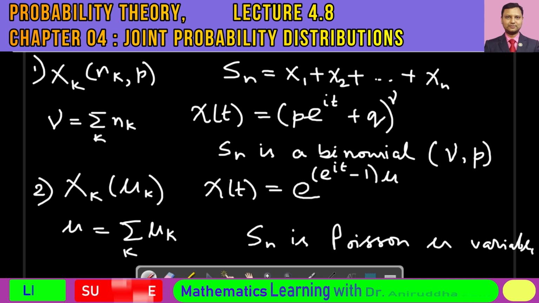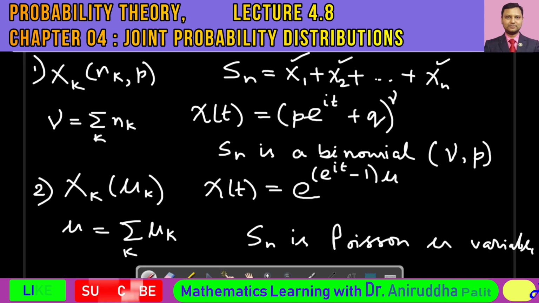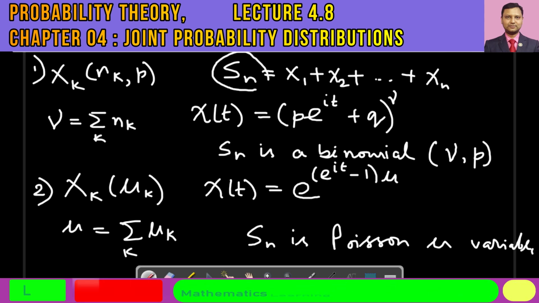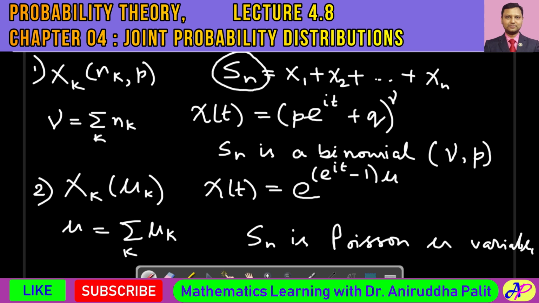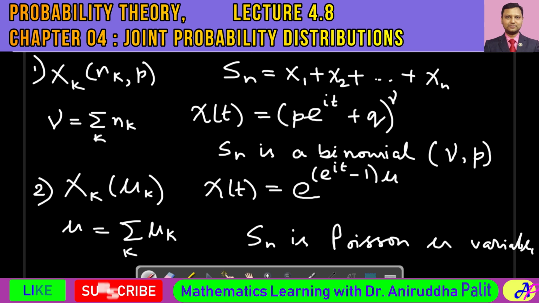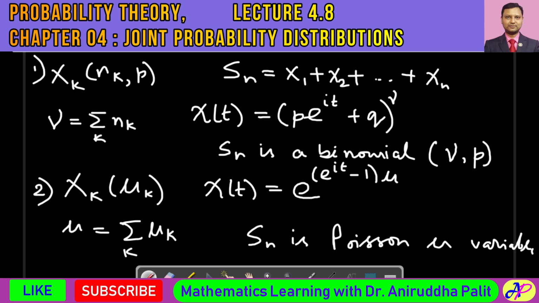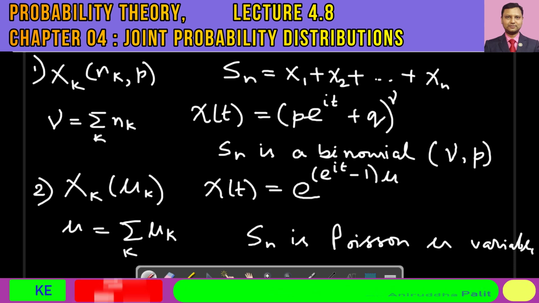So as an application of the reproductive property, if these variables follow a distribution, then the corresponding summation would also follow a similar distribution, and the parameters of that distribution are obtained by the summation formula.